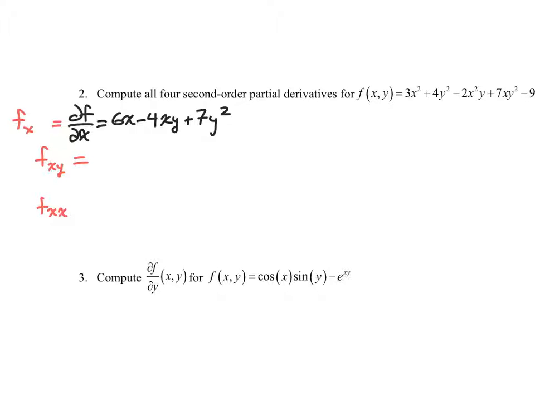All right, because all 4 would be partial with respect to x, then y, x, then x, y, then x, and y, then y. All right, so we have all those permutations that we have to account for. All right, and you can do it in any order you want.